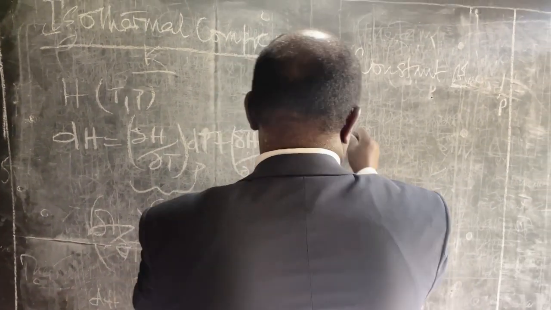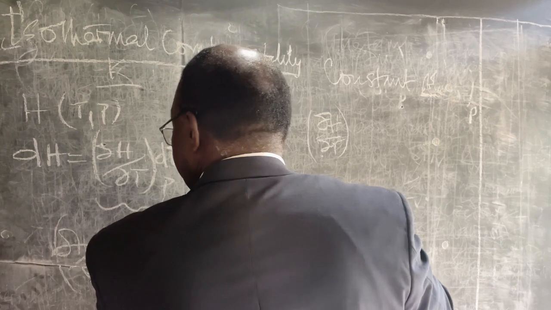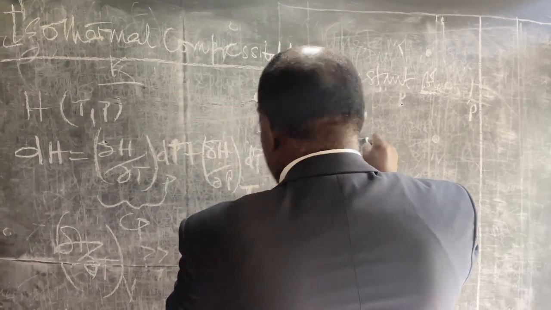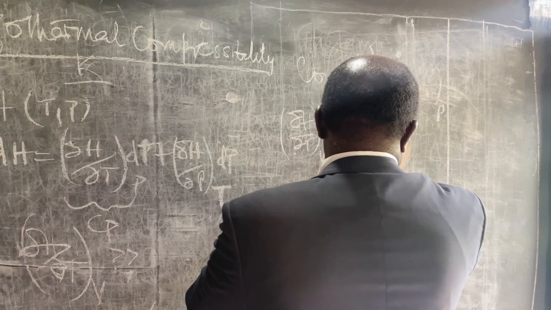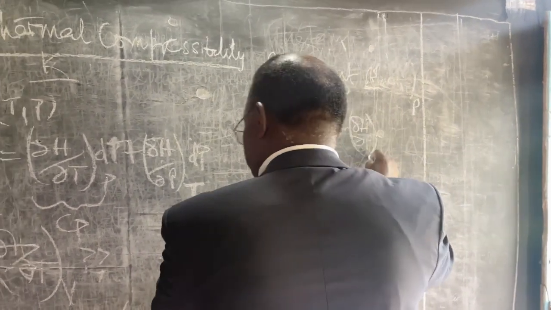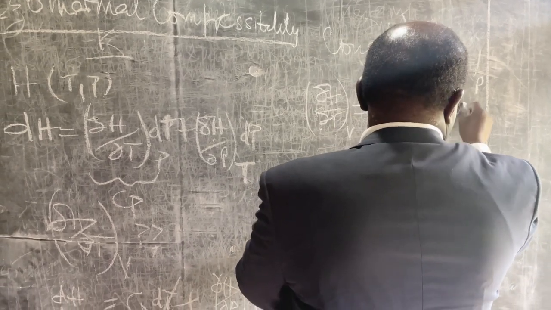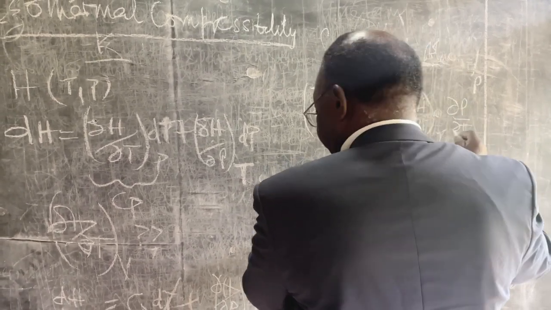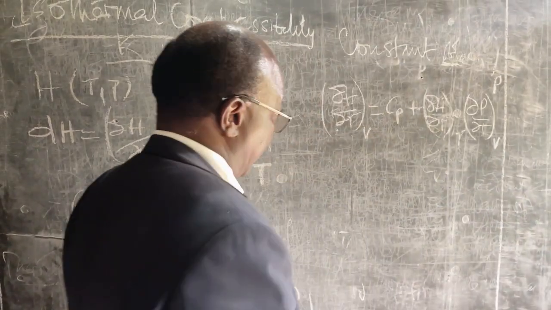then the total derivative becomes a partial derivative, like we have already mentioned, so that becomes Cp plus (∂H/∂P) at constant T, and now (∂P/∂T) at constant volume.